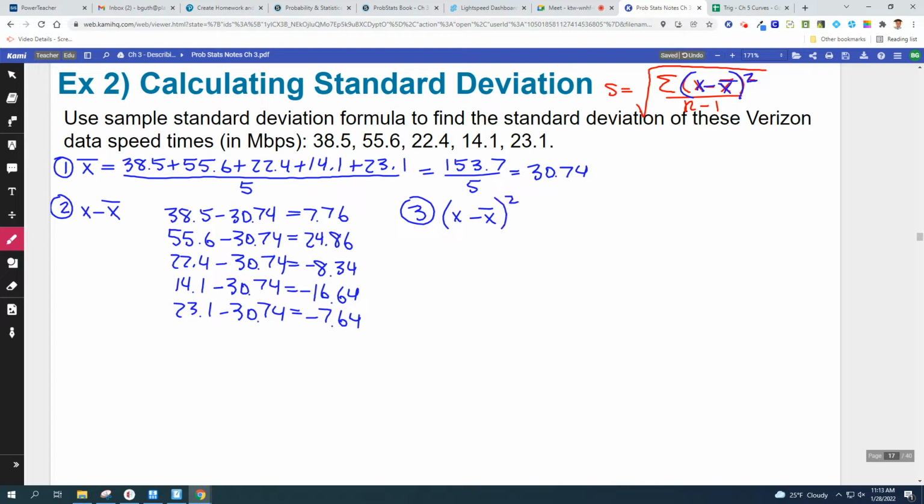I'm going to take each of those 5 numbers I got from step 2 and square them all. 7.76 squared, 24.86 squared, negative 8.34 squared, negative 16.64 squared, negative 7.64 squared.